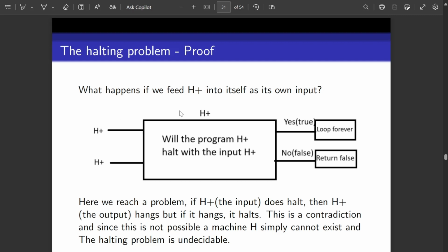So will the machine that detects whether or not a program hangs hang or not? And if it's true, then that means that this program halted, but that means it hung, which doesn't really make sense.